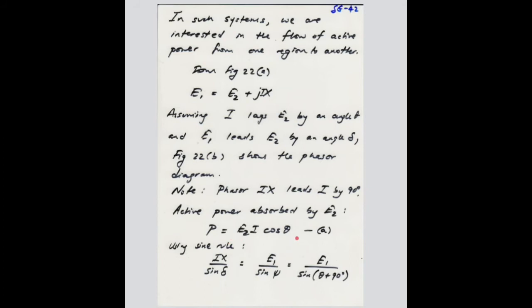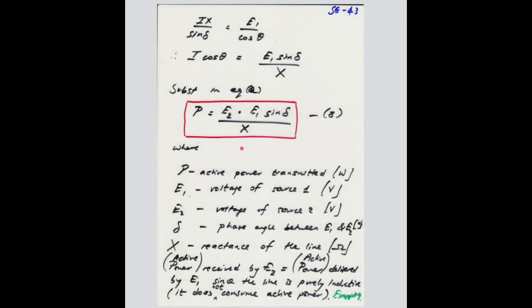So we replace I cos theta, and we end up with E2 times E1 sine delta over X. So what it's telling you is the power transmitted from region 1 to region 2 is given by the product of the magnitudes of the two voltages on each end times the sine of the angle between those two voltages, divided by the transmission line reactance.